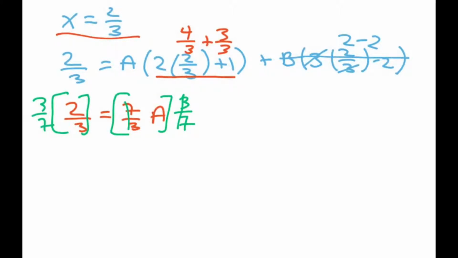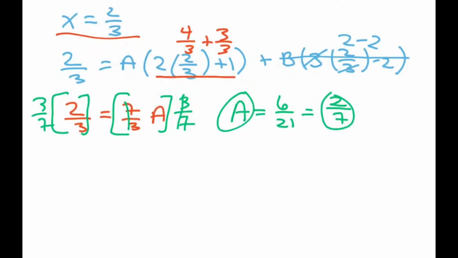So that cancels, and we get A equals 6/21. If you divide both sides by 3, you get 2/7. So A is 2/7, and B from the previous slide was 1/7.